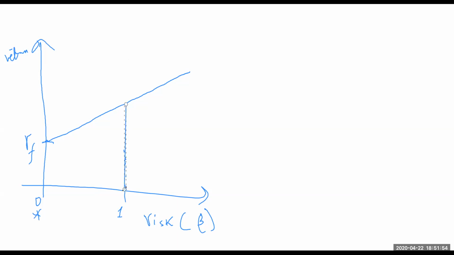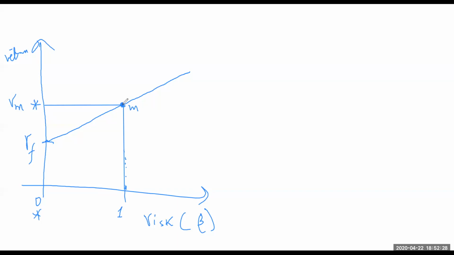If that's my graph, this is the risk and this is the return, so I can say that's the return of the market portfolio, because here this is my market portfolio M.